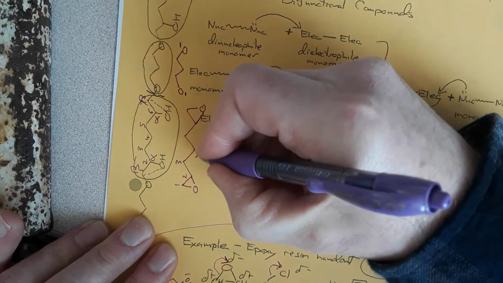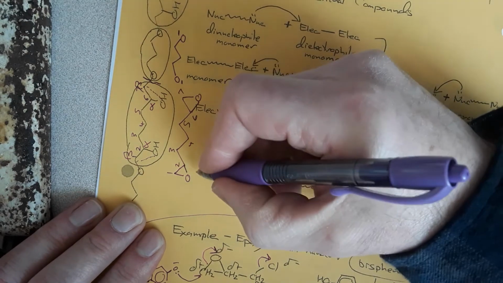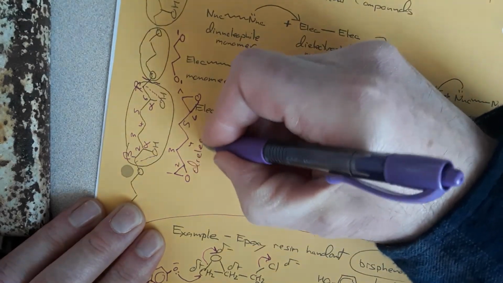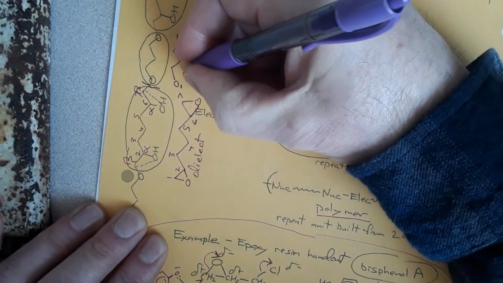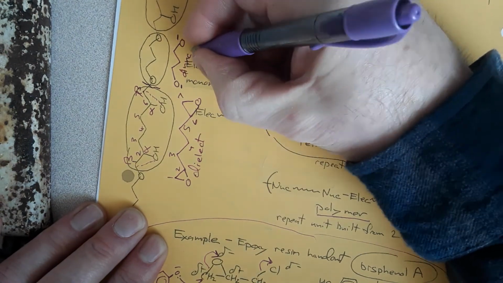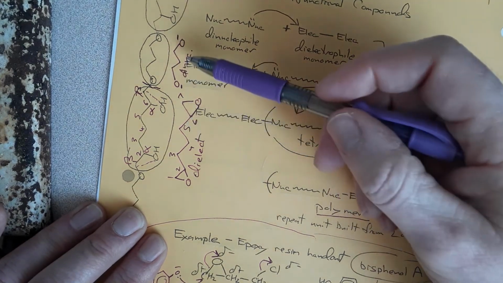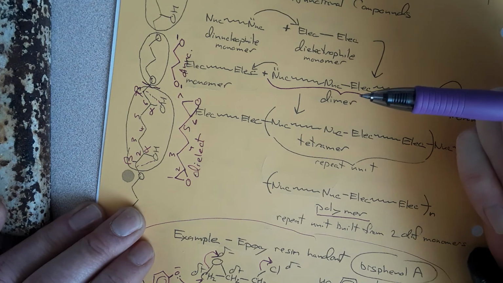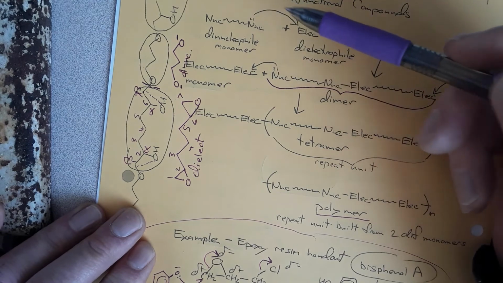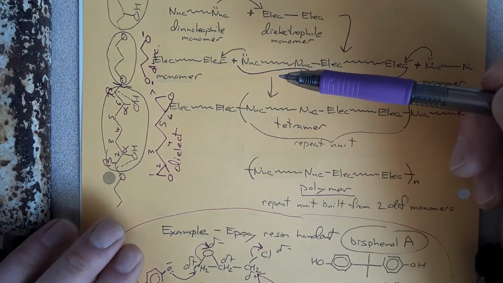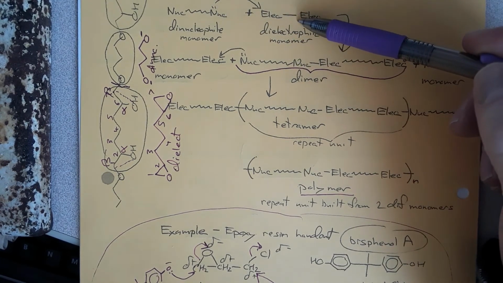And so this dielectrophile is going to react with this dinucleophile that is going to be formed by the 1,3-diol reacting with sodium hydride to deprotonate it. Okay? So this is one example of making a polymer by using a dinucleophile and dielectrophile.